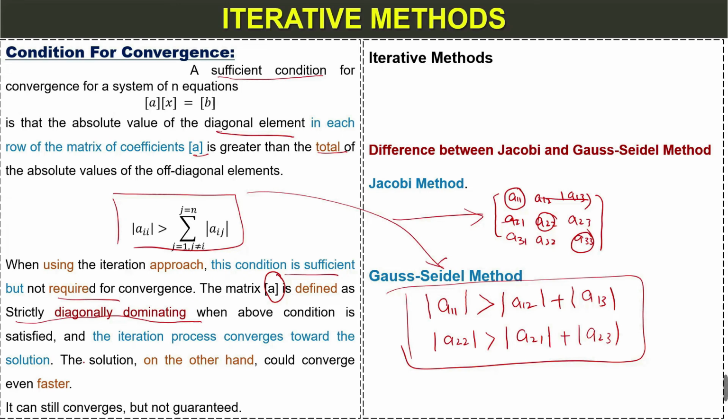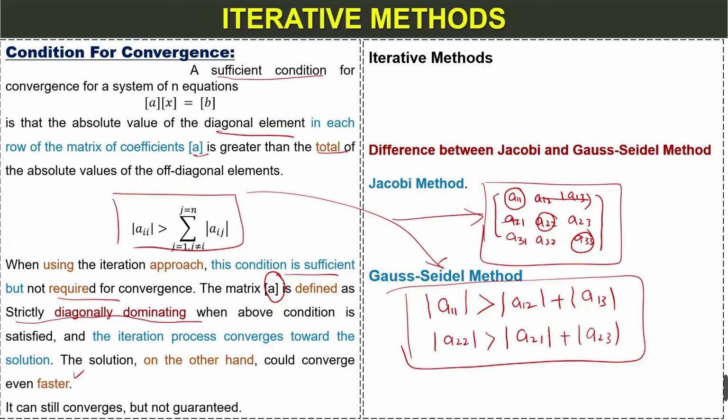The solution, on the other hand, could converge even faster. It means when the coefficient matrix is strictly diagonally dominant, the iterative method will converge faster toward the exact solution.